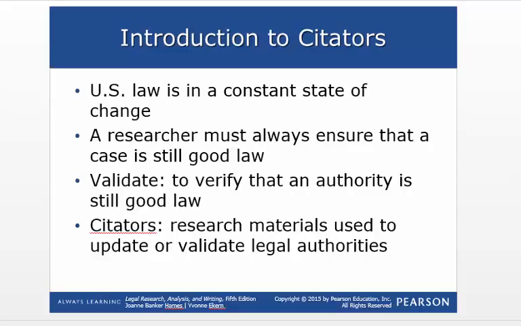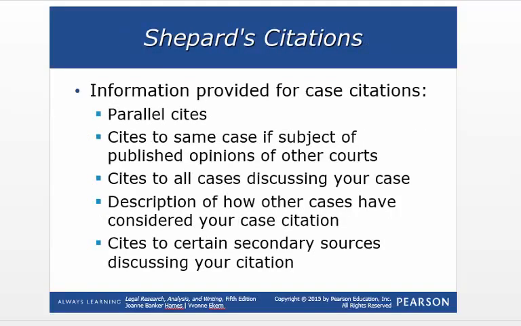And Chapter 9 talks about all the different citators, which are tools that are used to check citations to validate research. So a very well-known citator is called Shepard's. As you go through Chapter 9, Figure 9.1 shows you what the Shepard's citation looks like. And this is in printed form.